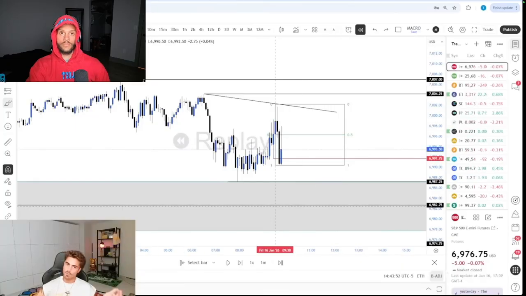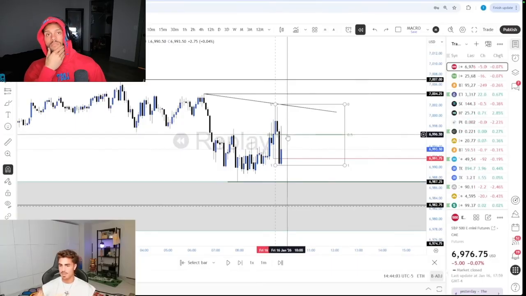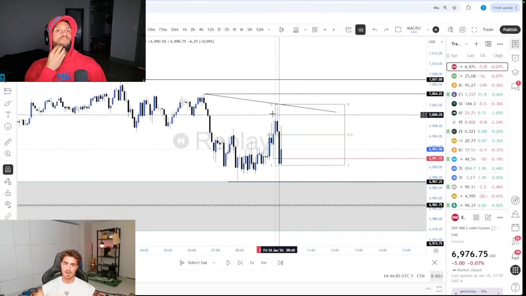So you can wait for one of two options here. You can either wait for just the following 5 minute candle to close bearish to prove, hey, we filled this continuation confluence and the market is showing that we want to move down off of this.